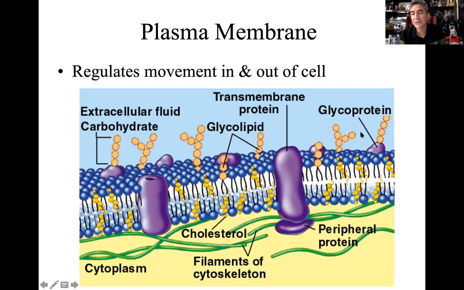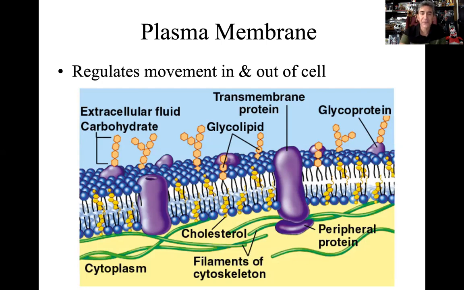So what are these little carbs? These are the oligosaccharides. And again, I hope you remember those. Oligosaccharides are not used for energy, but for cellular marking. And they're going to be on the outer surface of the cell. So that tells us this is the extracellular area outside. This would be the inside of that cell.